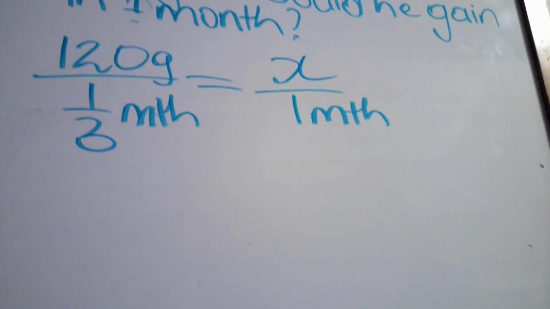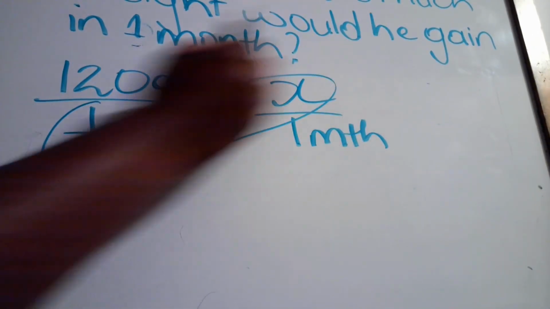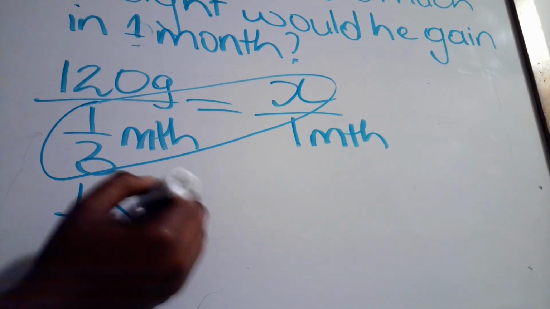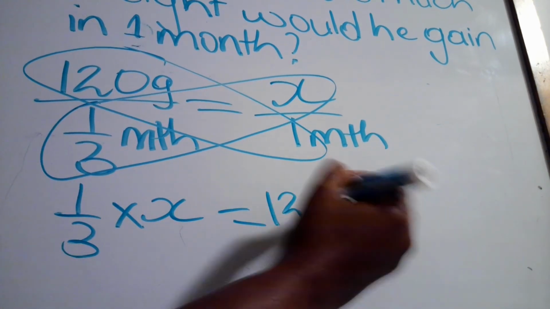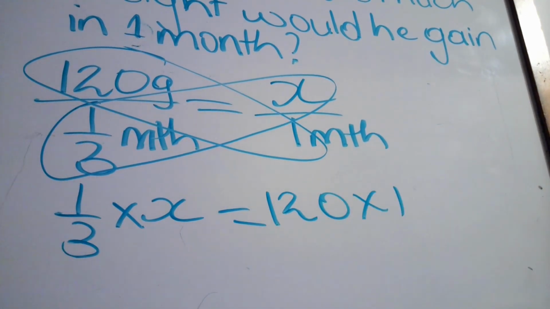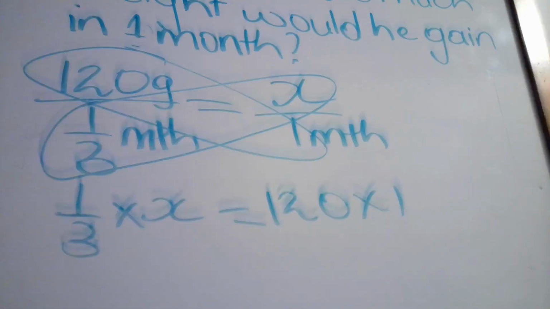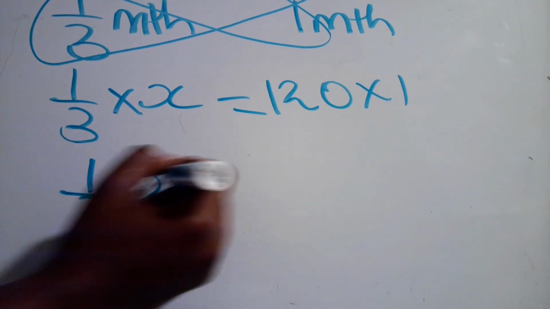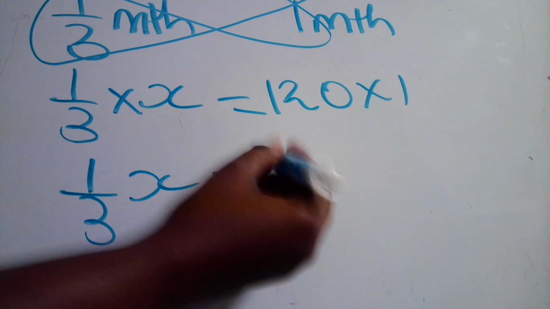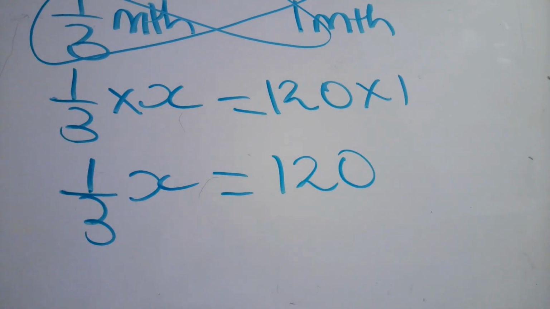So next is for us to cross multiply. We have 1/3 times x is equal to 120 times 1. 1/3 times x is 1/3 x. 120 times 1 is 120. We want to find what one x is equal to. So we need to get rid of the 1/3 here. In order to get rid of the 1/3, you multiply it by the reciprocal of the fraction.